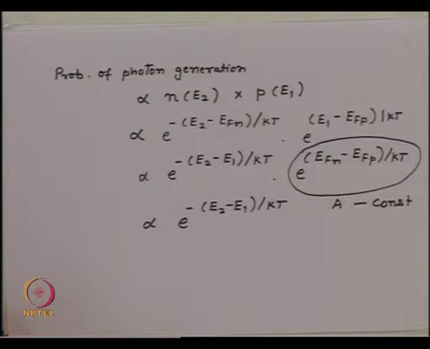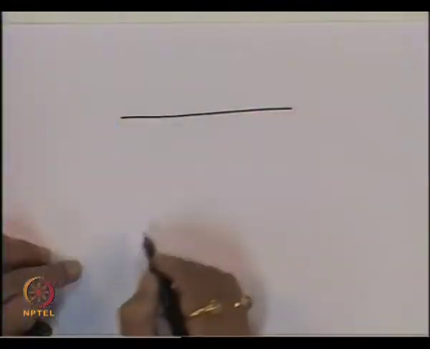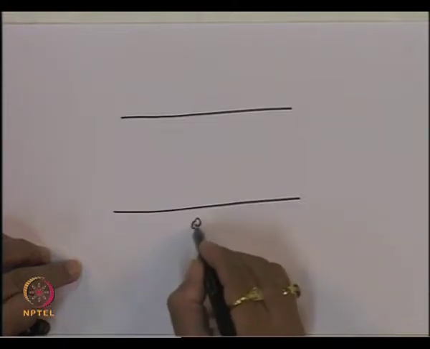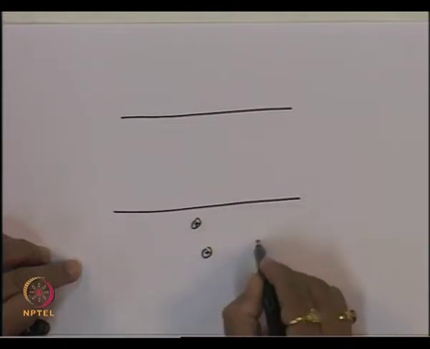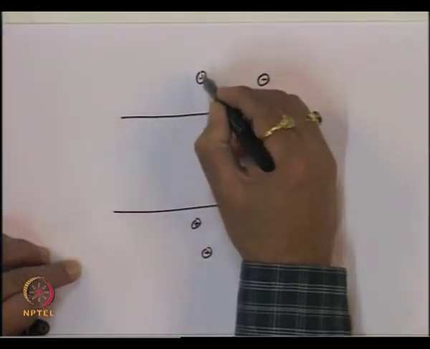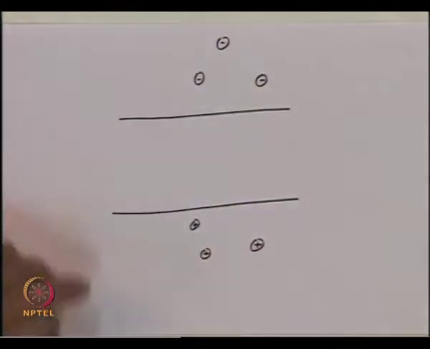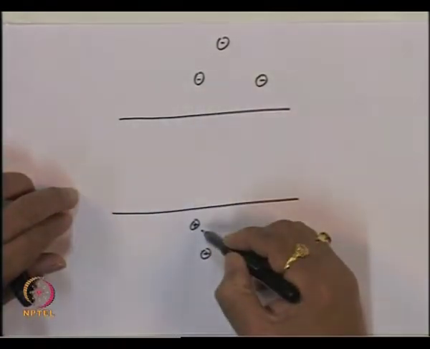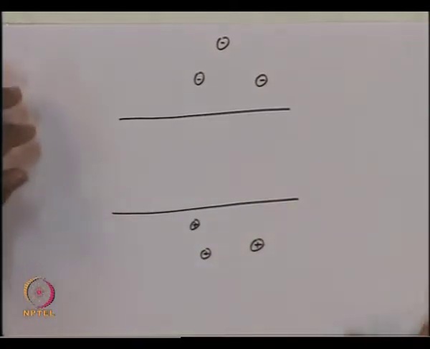Now, if you look again at the energy diagram, we have a conduction band here and a valence band here. You have holes which are distributed in this region, and electrons which are distributed in this region. As we said, any electron can recombine with any hole and give a photon out.